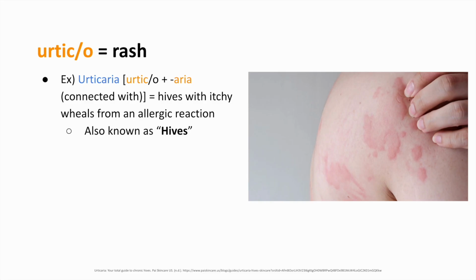So urticaria is hives with itchy wheals from an allergic reaction. Actually, I'm not too sure why it has the suffix aria there, but that's the term, urticaria. It is also known as hives. You will have big redness on your skin.